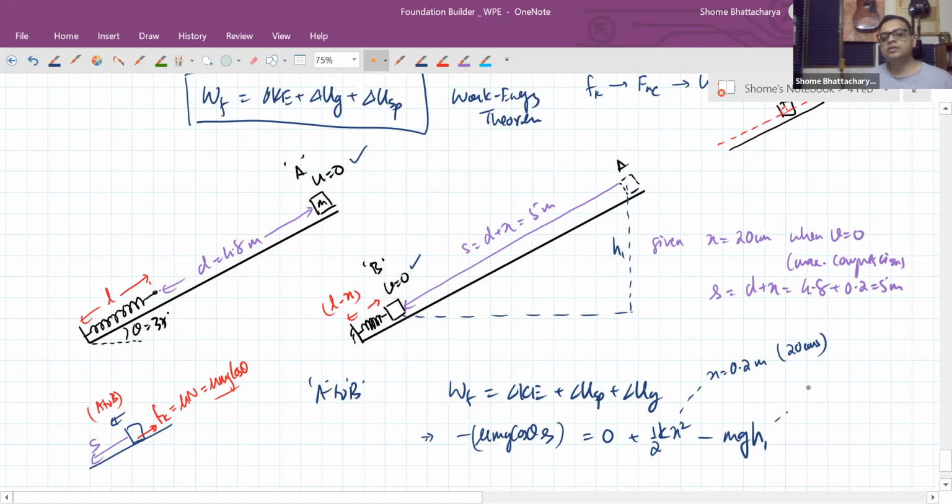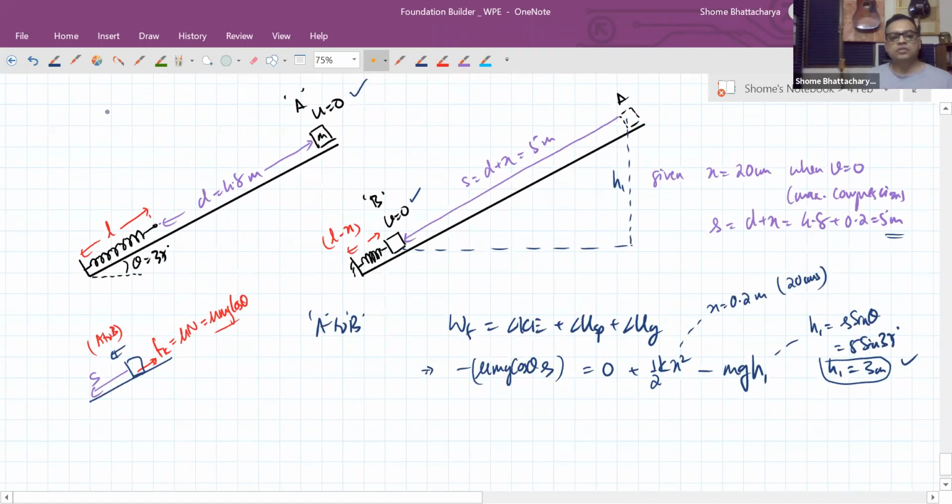So we can see that this h1 is nothing but S sine theta. So that is 5 sine 37, or it is 3 meters. H1 is equal to 3 meters because S was 5 meters basically.